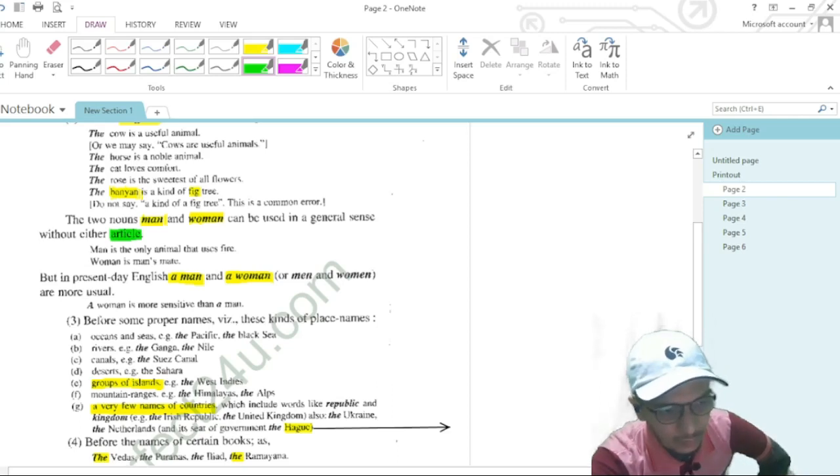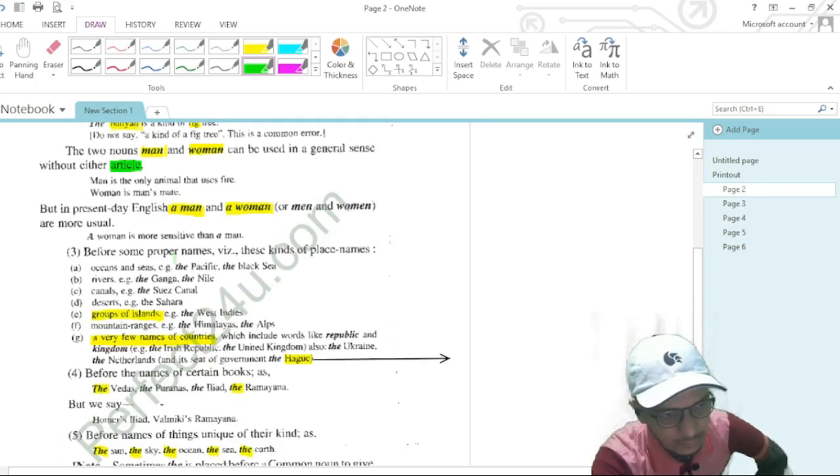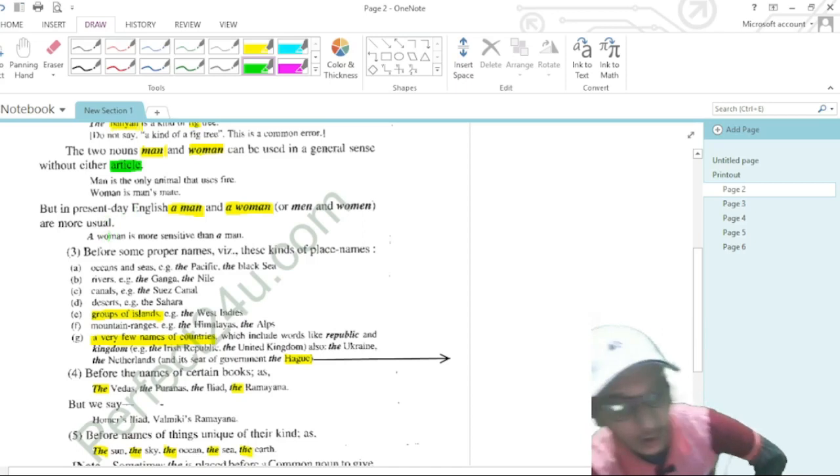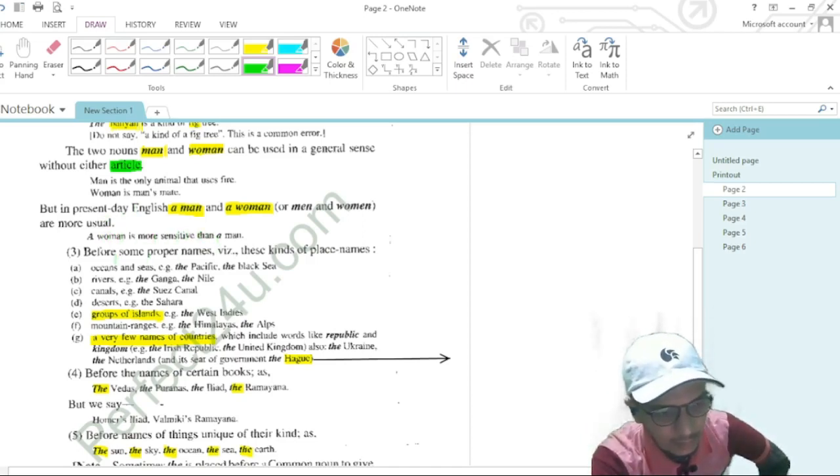Man is the only animal that uses fire. Woman is handsome. But in present day English, a man and a woman or men and women are more usual: a woman is more sensitive than a man.